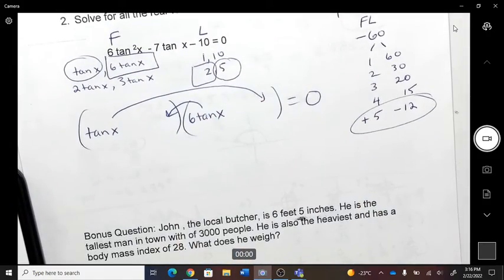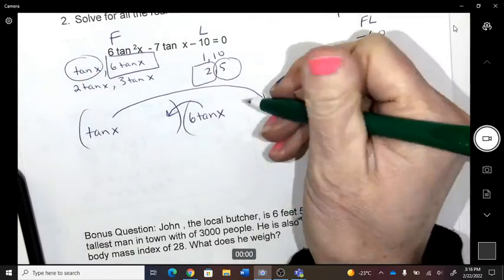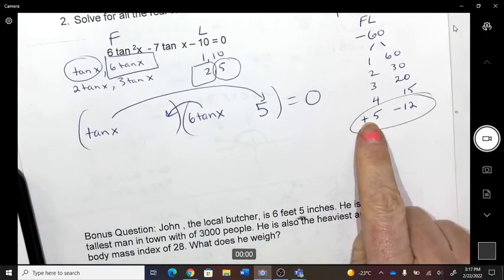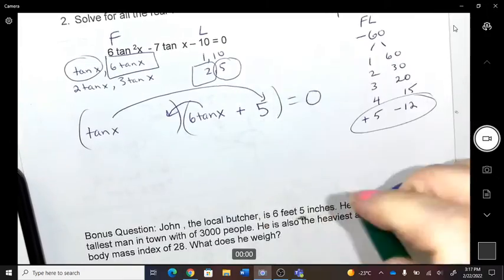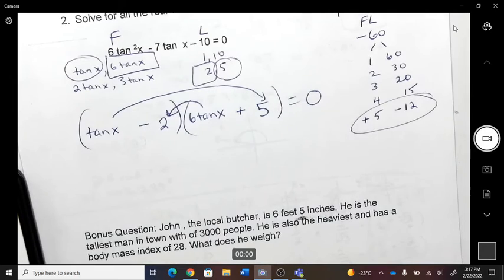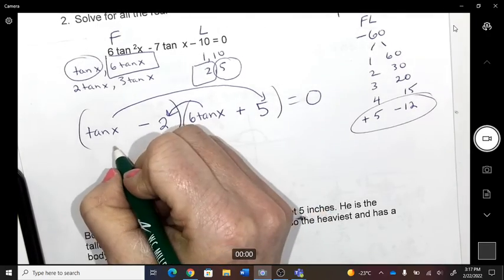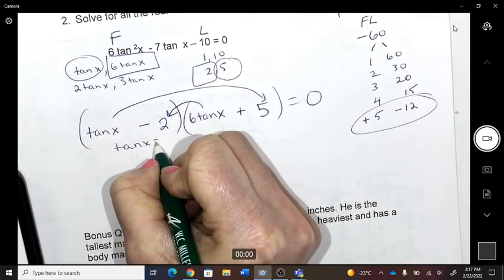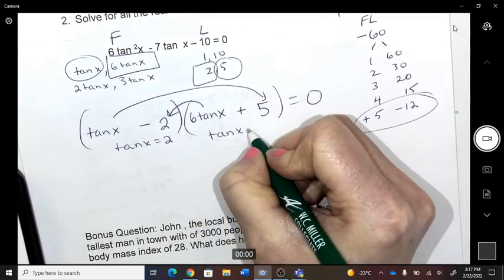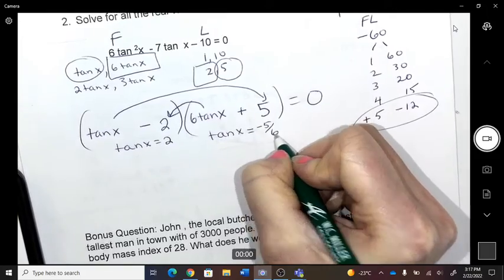That's what I'm going to try to line up. So I did the 1 tan x with the 5, and I would like that to be a plus 5. And I did the 6 with the 2 to be a negative 12. So tan x equals 2. Tan x equals negative 5 over 6.